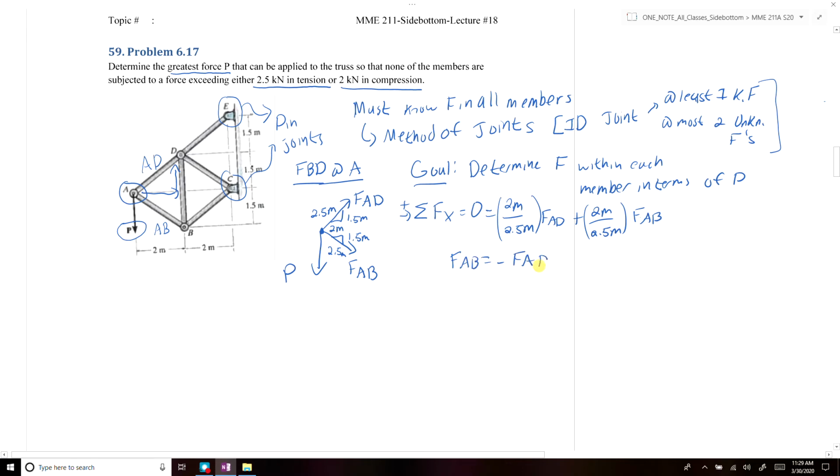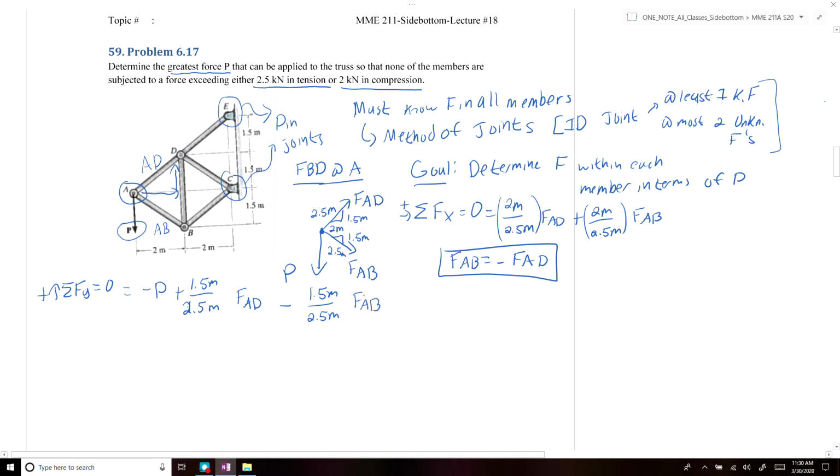FAD. Right. So now we can use our second equilibrium equation, which is to sum all the forces in the y direction and set them equal to 0. So we get negative P plus 1.5 meters over 2.5 meters times FAD, minus 1.5 meters over 2.5 meters times FAB.